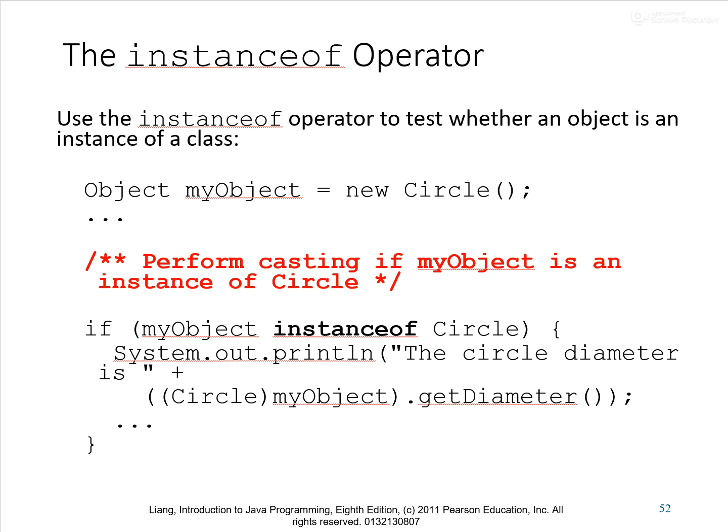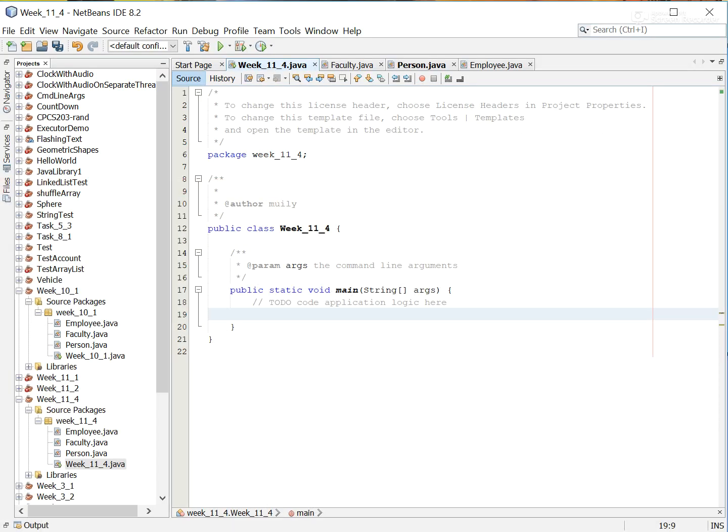So I'm going to do a quick example that's slightly different from the one in the slides, which is good because now you can try out the example in the slides yourself. I already have this project 11.4 for today, and I imported the employee, faculty, and person classes from week 10.1.